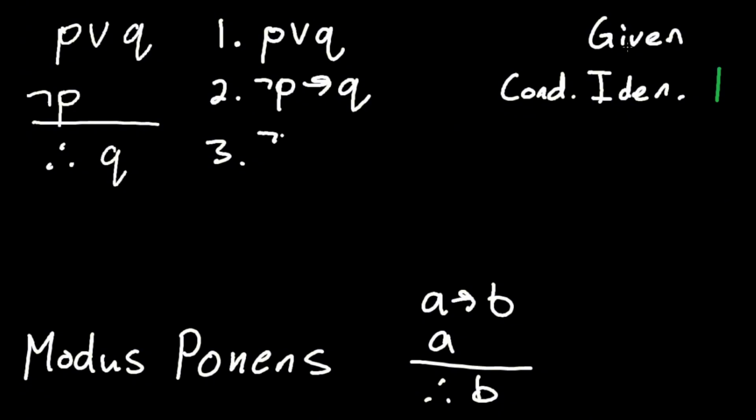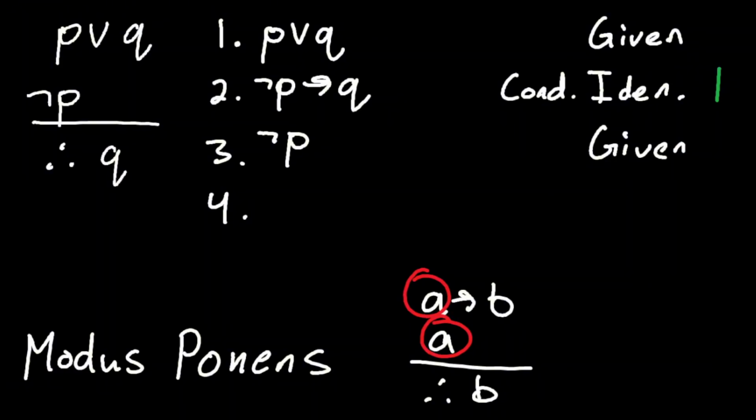Well, now we can use not P, and I'll show you why. This will become very apparent in the next step. The reason why I wrote down not P now in the given is because this takes the form of modus ponens. Modus ponens has an A here and an A here. Well, A is just an entire statement.